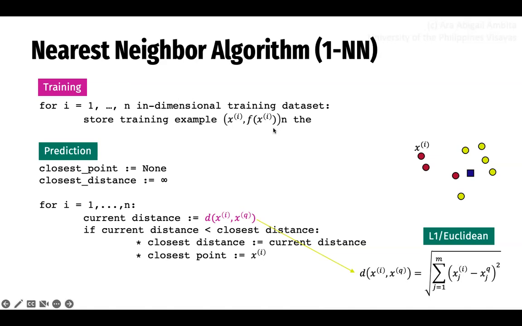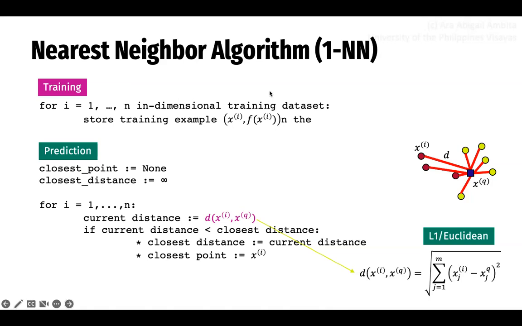What we do is compute all of the distances between the query point and each of the samples, and we are going to sort the distances in ascending order. Those with the minimum distances will be considered closest to the query point.